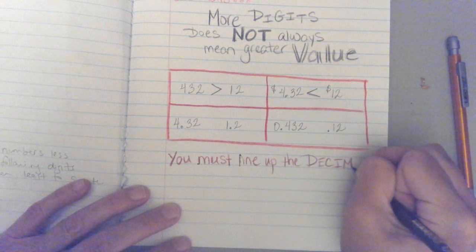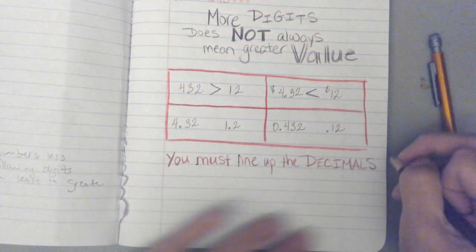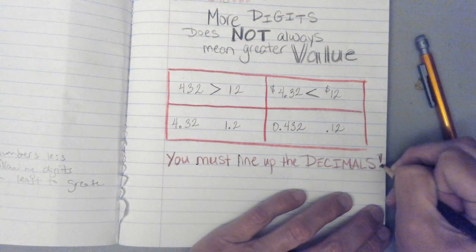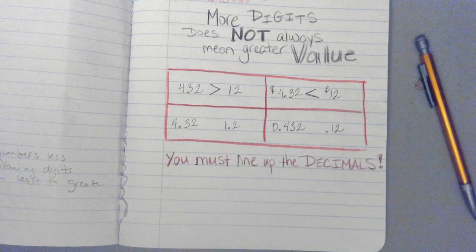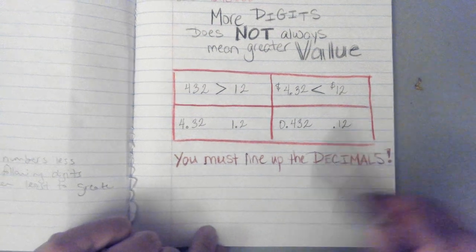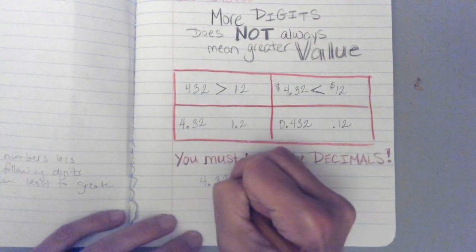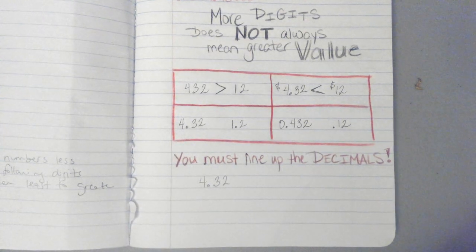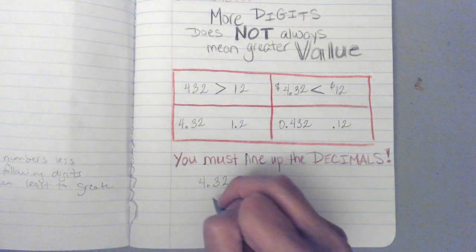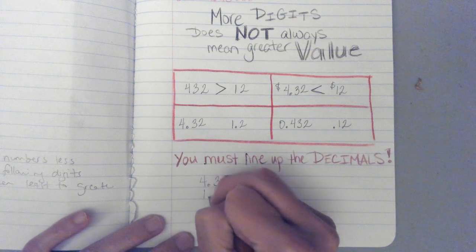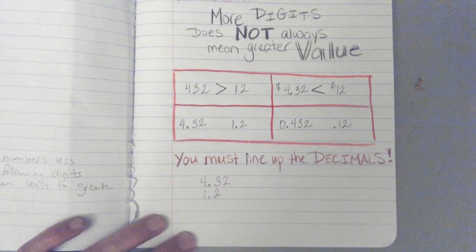You must line up the decimals. So that's going to be step 1. So I'm going to go with my first example here. 4 and 32 hundredths, and then 1 and 2 tenths.